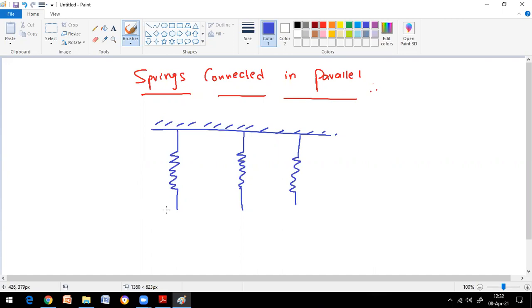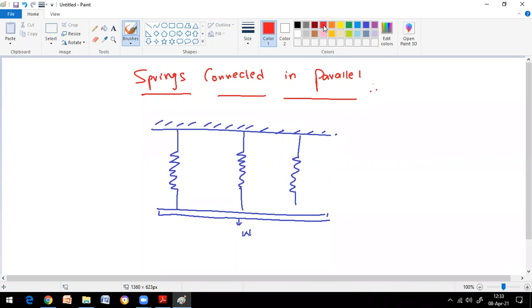For the whole unit the load is W. Now this is called springs connected in parallel. So tell me, what happens to the load? Will the load be the same in each spring as in series, or will it be different?